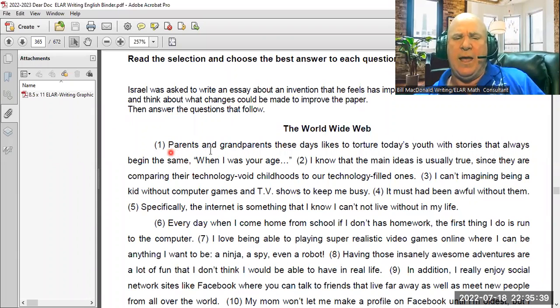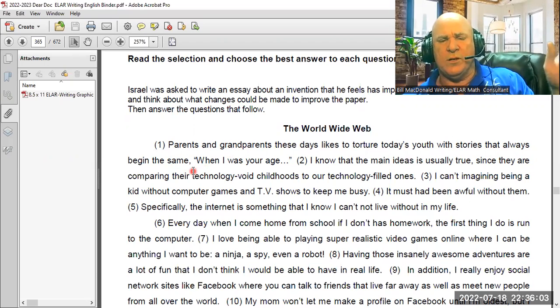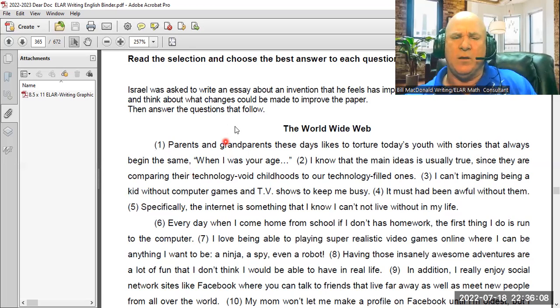Capital P, parents and grandparents, that's called the compound subject, plural. "These days, likes to torture today's you with stories that always begin the same, comma, quotation, capital W. When I was your age, ellipsis, quotation," sentence over. So what sounded kind of weird to me was the word likes.